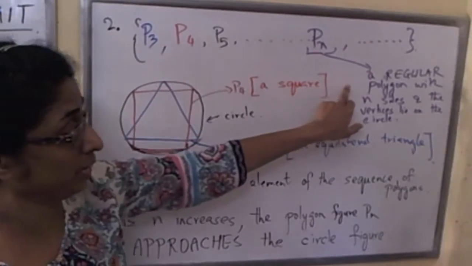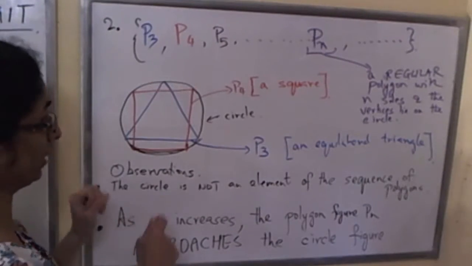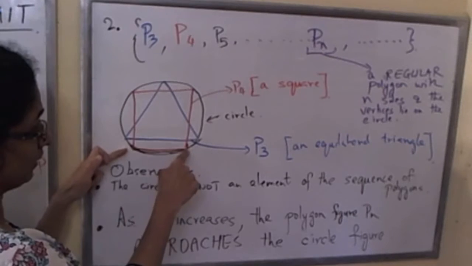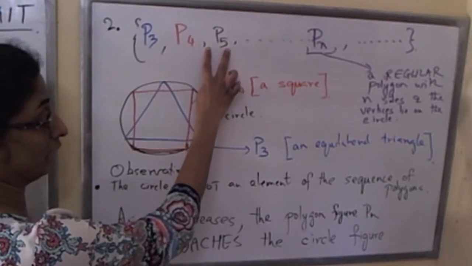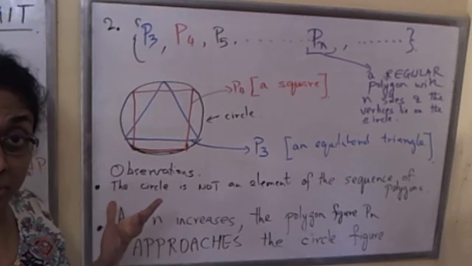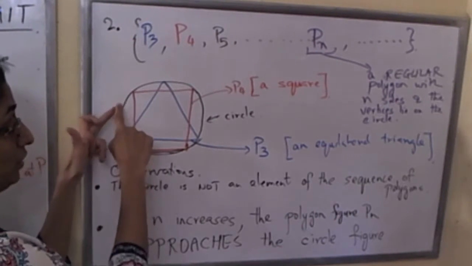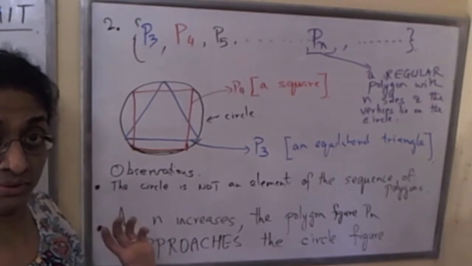P4 is a regular polygon with 4 sides, that is simply a square, so that the vertices lie on the circle. Now you get the idea. P5 would be a pentagon, which I have not drawn. It would be a regular pentagon with its 5 vertices sitting on the circle, and all the 5 lengths are equal.